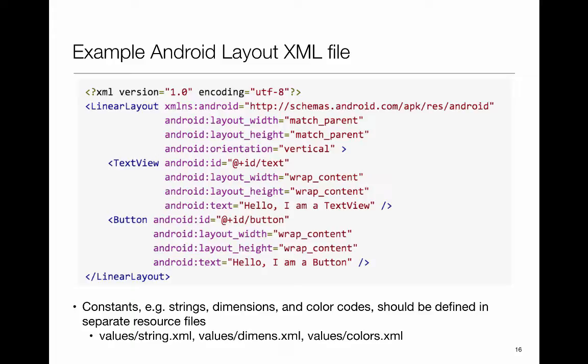There's one thing you need to keep in mind about defining XML files, which is that all the constants like strings, dimensions, and color codes should be defined in separate files, not like this. It is generally not a good practice to write string literals in this XML file. You should always define a separate resource file like strings.xml or dimensions.xml or even colors.xml and put it into a folder called values.